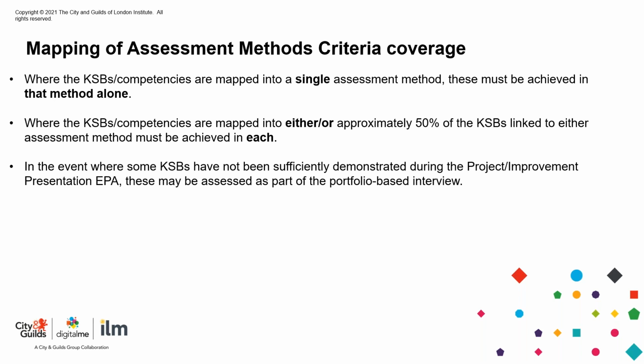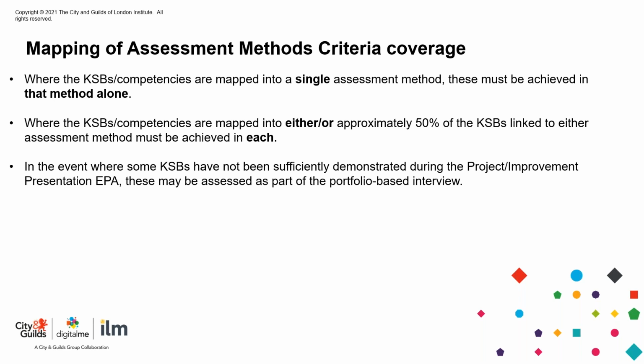Whilst instead, where the competencies, the knowledge, skills and behaviors are mapped into more than one assessment method, then in that case, what we have tried to do is approximately 50% of the knowledge, skills and behaviors which are linked to either of the assessment methods, they must be achieved in each of these assessment methods.